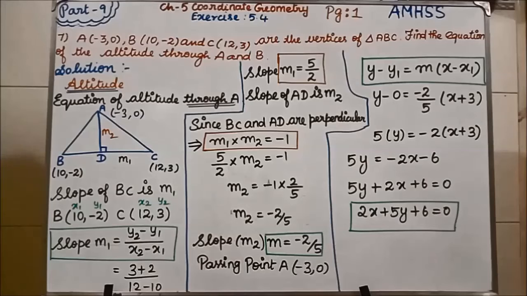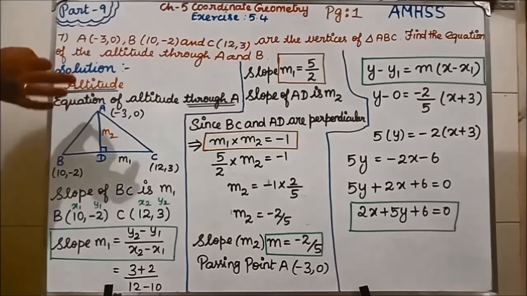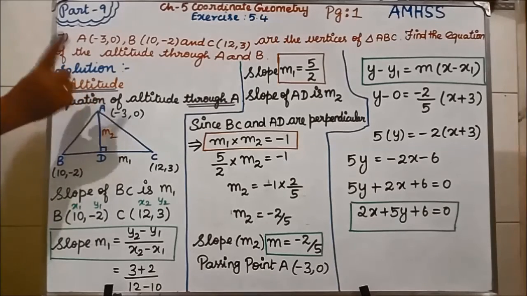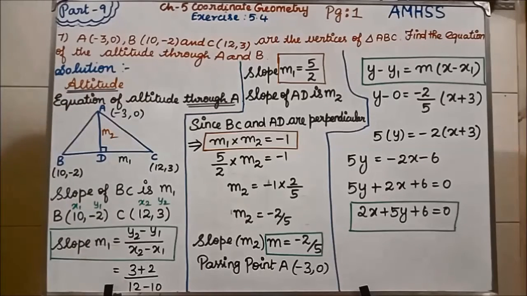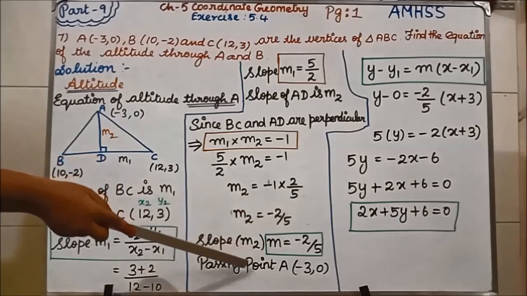Okay, now what we have to find? The straight line equation we have to find. So for that we have one vertex, and we have the slope. Okay, so in the fifth problem itself I have told you, one slope, one point.